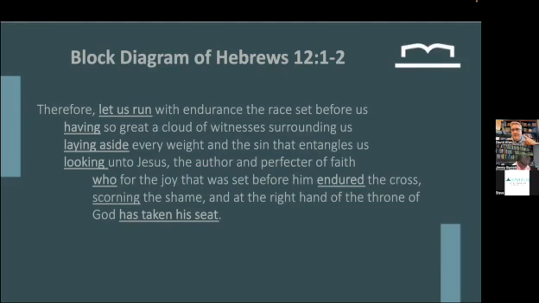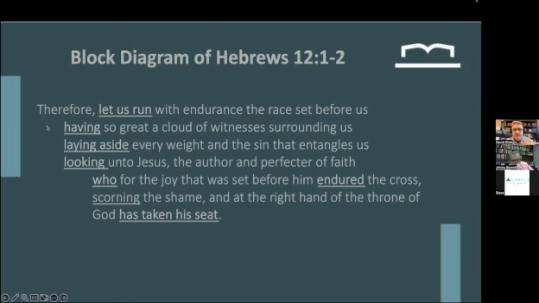It's your independent clause. Now notice right here, these three participial phrases all modify the main verb. They all modify the independent clause, let us run with endurance the race set before us. And they basically tell us how to do it.